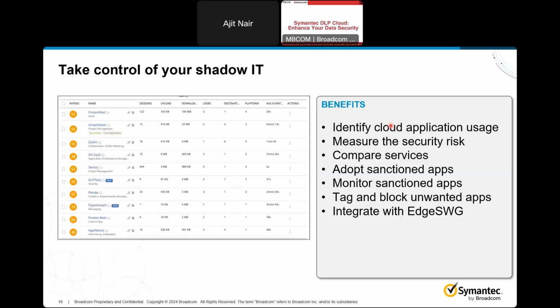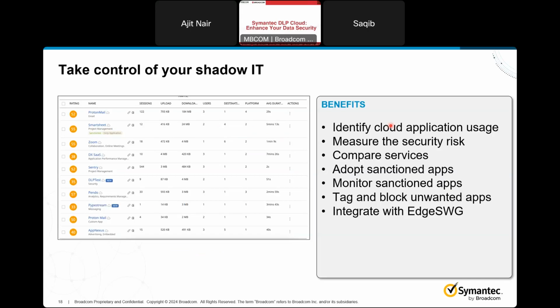Not just usage, but we also give you information regarding the location and the volume of data exchanged, and the number of user sessions, as you can see on the screen over here.